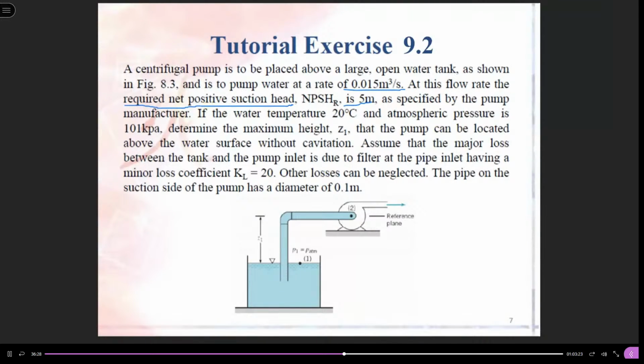Also, the diameter of the suction side of the pump is 0.1 meter.